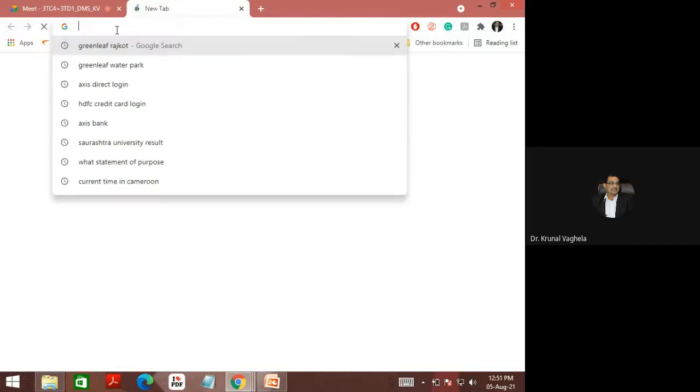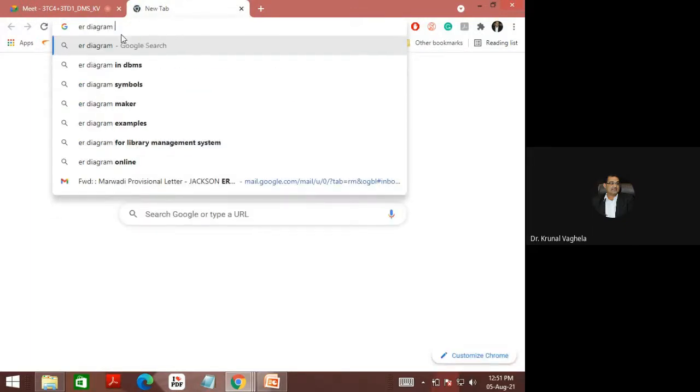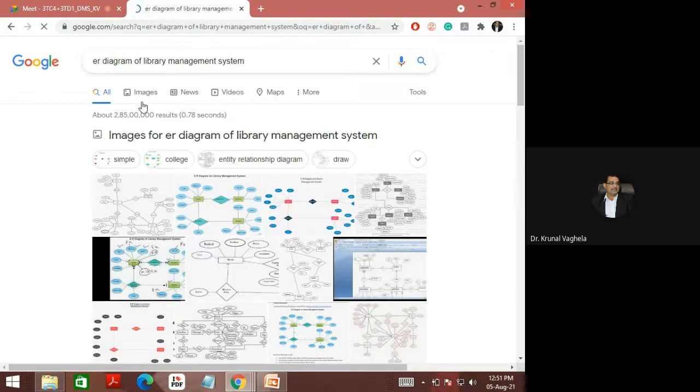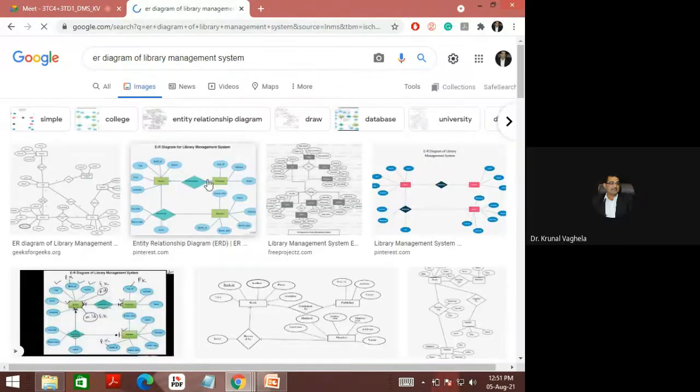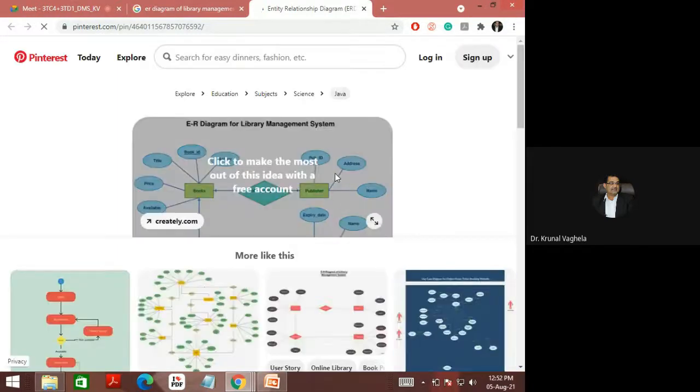For example, ER diagram of library management system. Go to images. You will find n number of ER diagrams. See. This is an ER diagram of library management system.